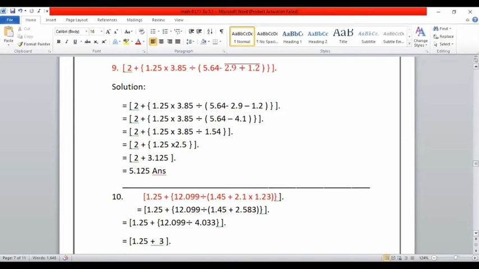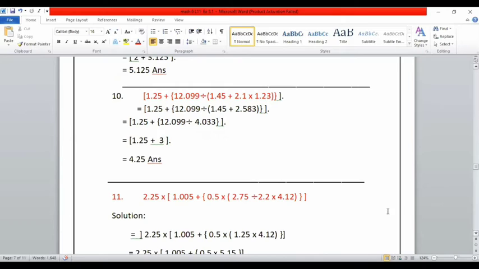Next students, in question number 10 we have three brackets. We have number 1, this first of all small bracket that starts: 1.45 plus 2.1 multiplied by 1.23. So we have two binary operations inside the small bracket, or parenthesis, or curved brackets.